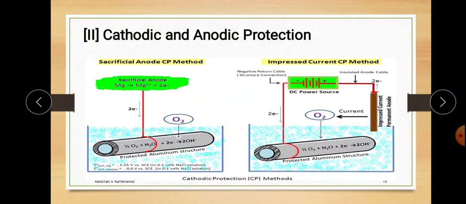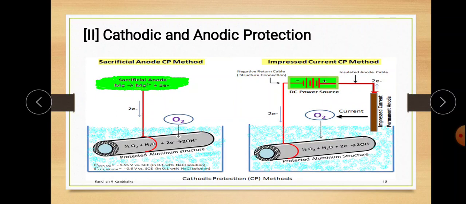As stated earlier, this is cathodic protection. There are two types of protection, either by sacrificial anode or by impressed current anode. Now in a sacrificial anode, suppose we consider aluminium as the anode and copper as the cathode on the basis of the electrochemical series.